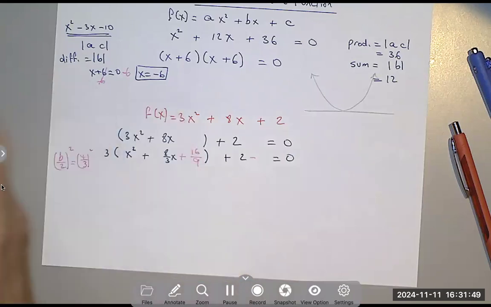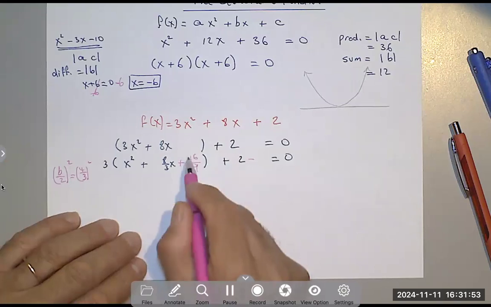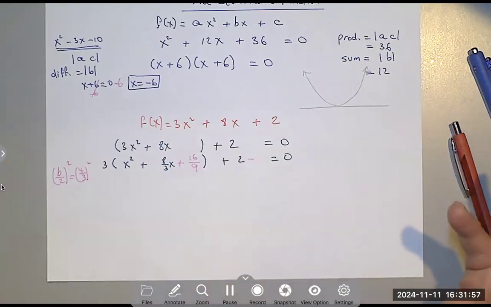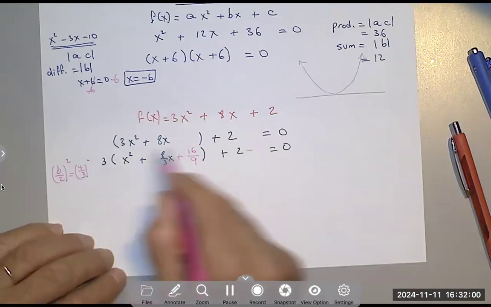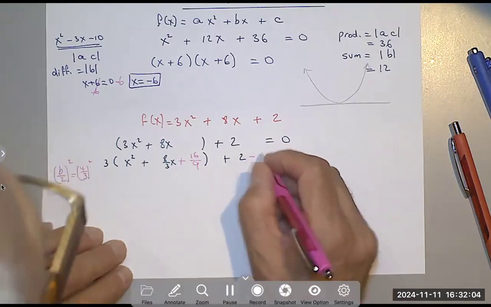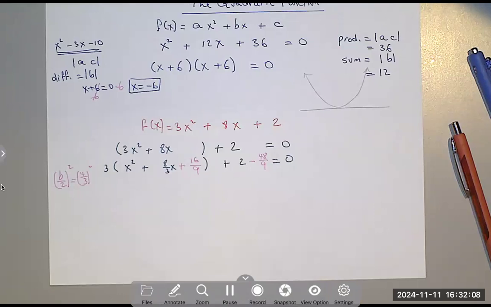If you factor out anything, you have to be very careful. I didn't add 16/9 because if I add 16/9 here, it's not a perfect square. I had to add 3 times 16/9. So I have to subtract 3 times 16/9. And now my equation is correct.